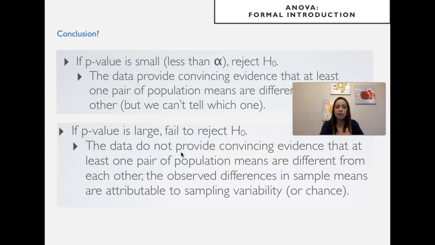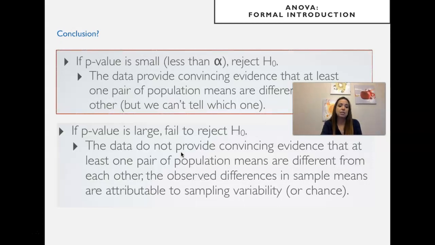If we fail to reject, we assume that any variation between means, or any variation of the group means from the grand mean, would be very typical to be seen under chance alone. And this is the case in this particular data set that we're working on as an example, because the p-value is really, really tiny.